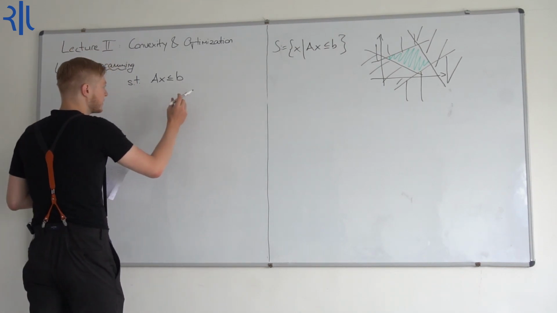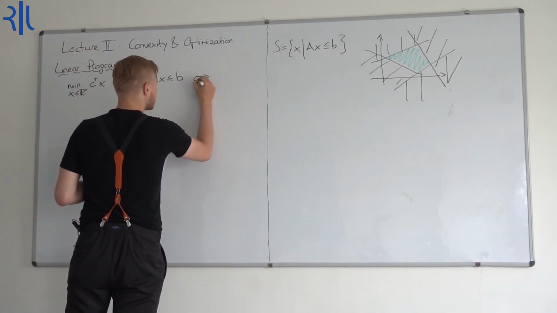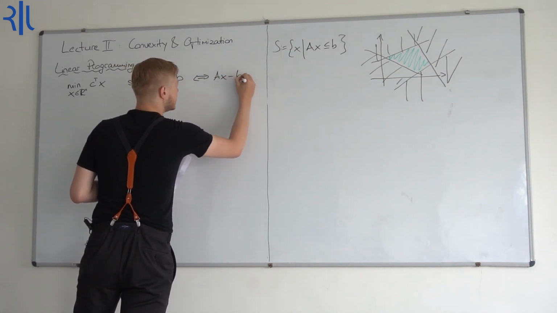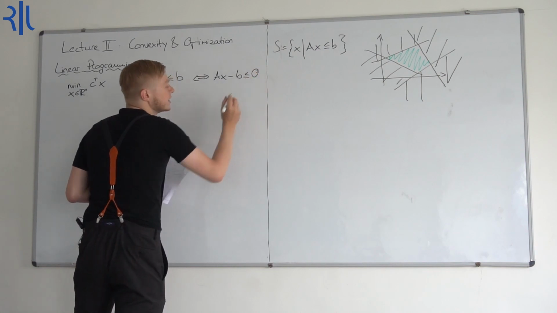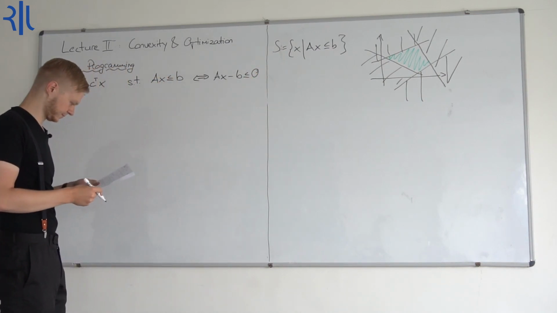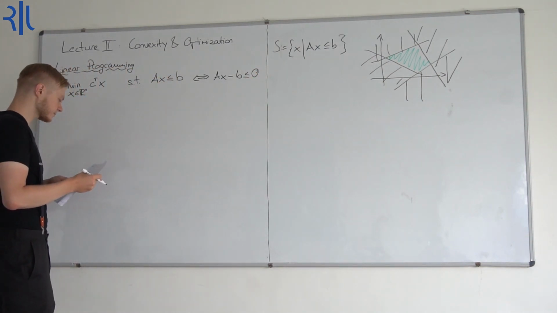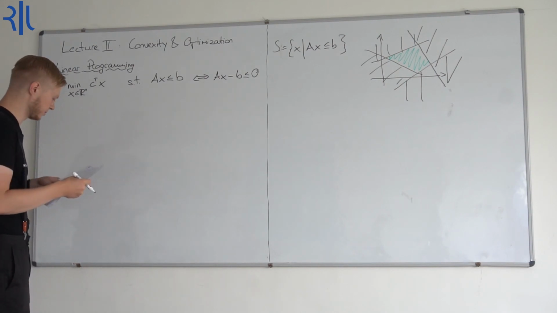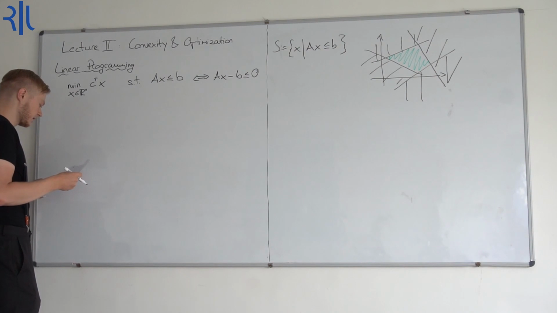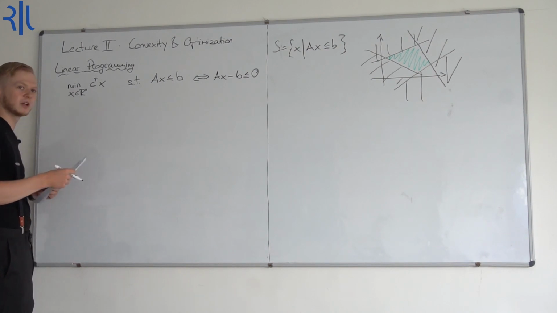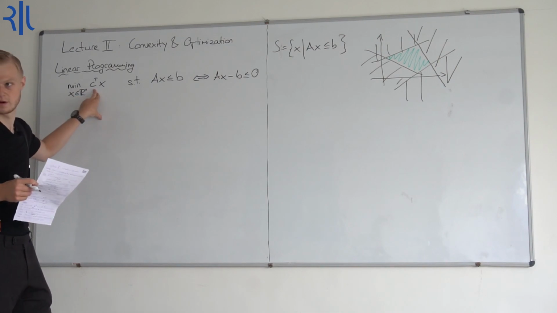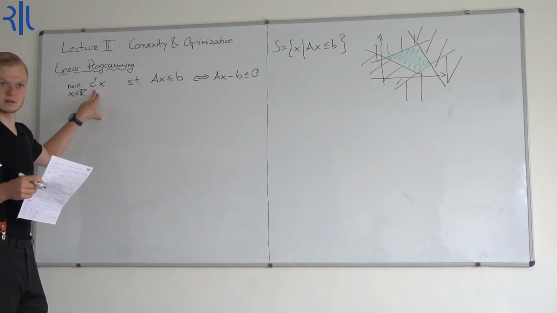And we can rewrite that equivalently. This is the same thing as saying Ax minus b is smaller or equal to 0. So if we want to solve a linear optimization problem, we cannot simply set the gradient of our objective function to 0, because it will never be 0.